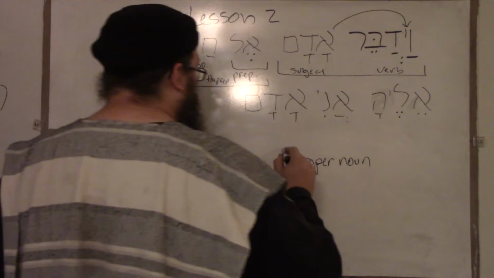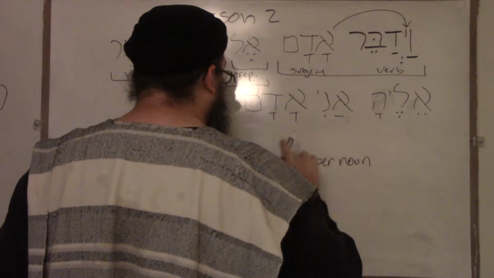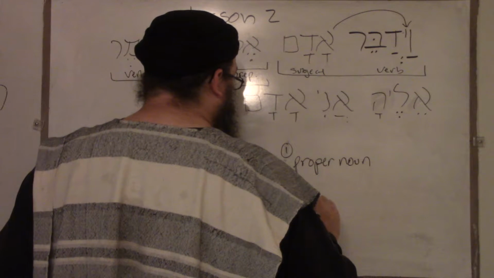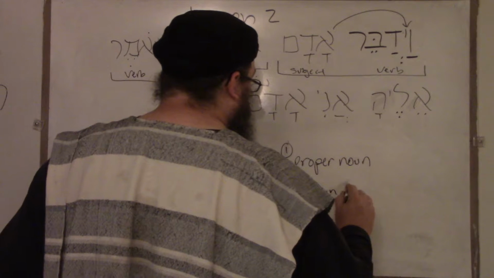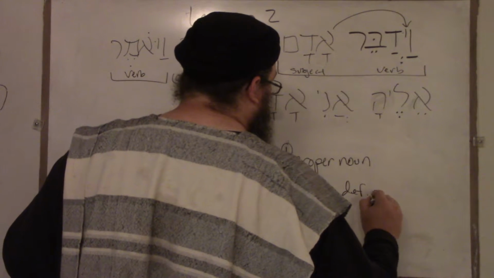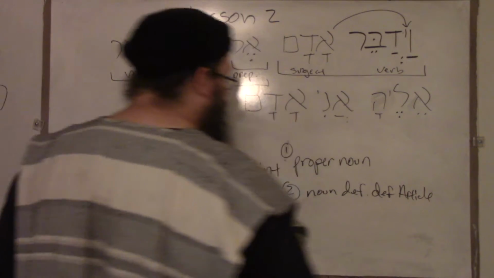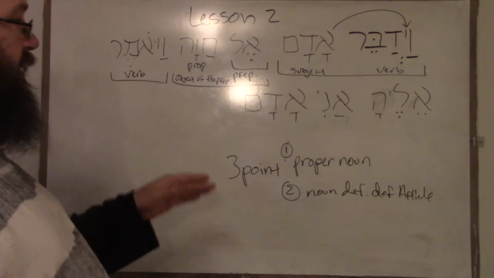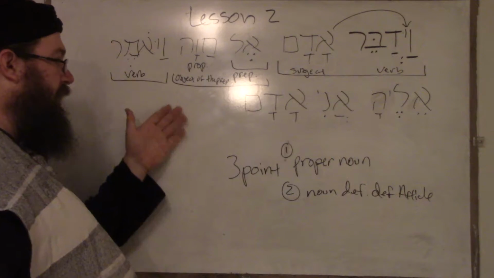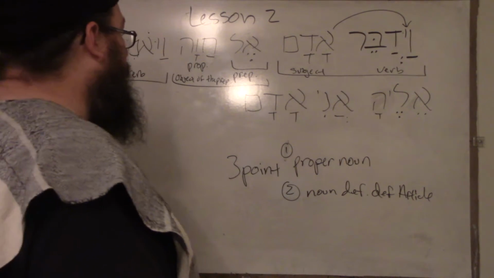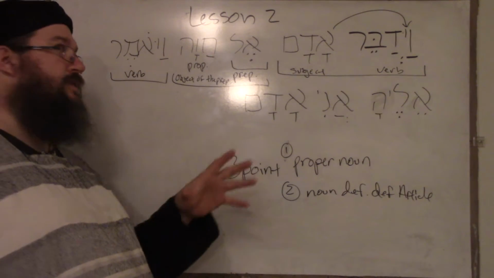Number 2 is L followed by a noun that's definite, having the definite article. So the L is going to be followed by a noun that's definite, which carries the definite article. Okay? And like I said, there's a 3rd point, but we'll learn this one later.